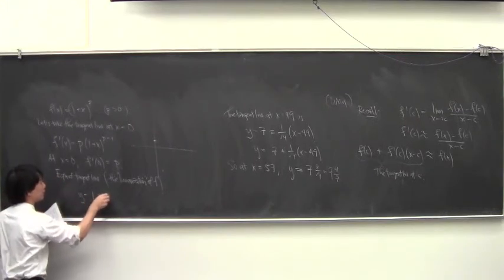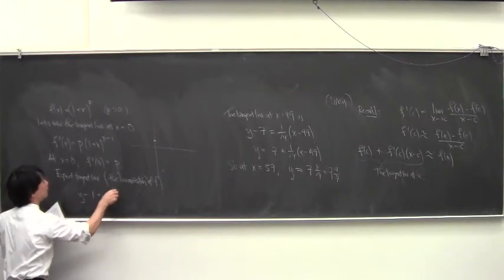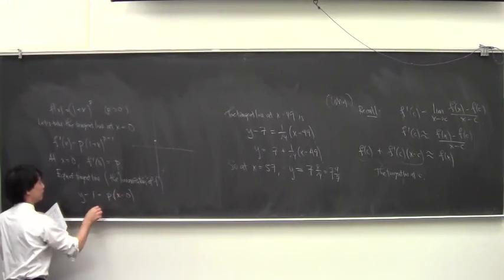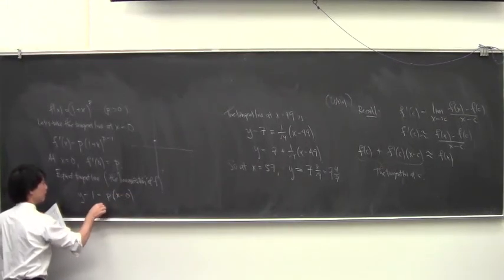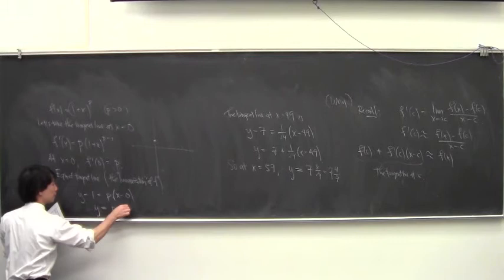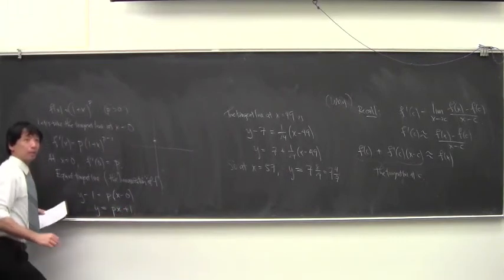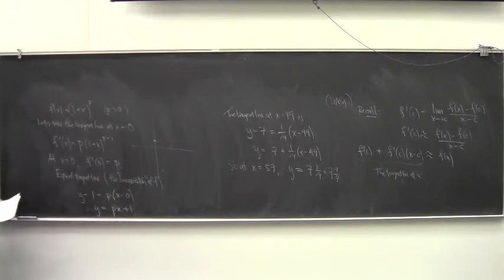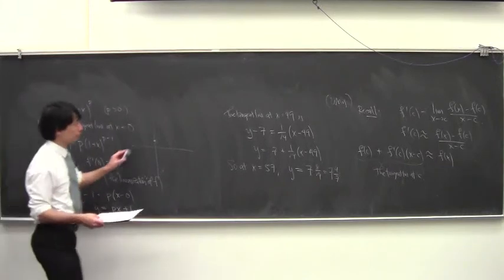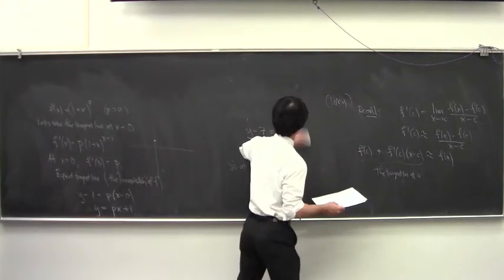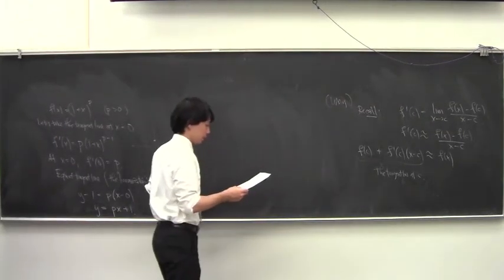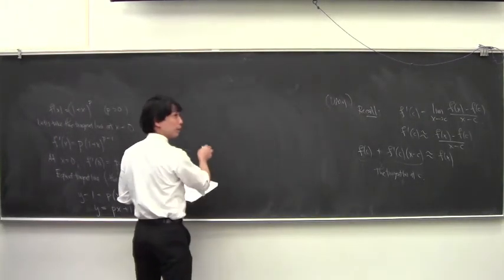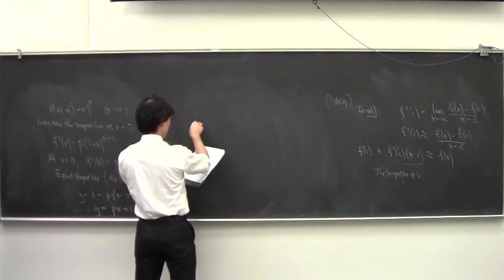So y minus 1 is equal to p times (x minus 0), and so you get y equals px plus 1. So what's that say?